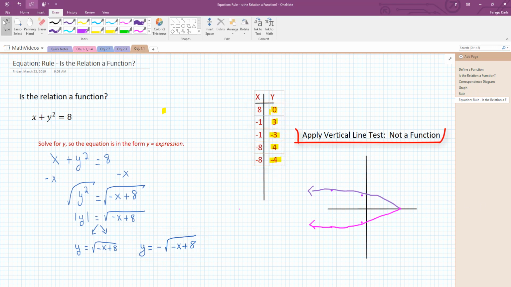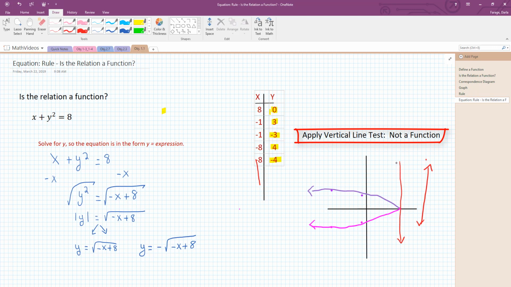At the end of the day, if we were to apply our vertical line test to see whether this graph is a function or not, we could draw a vertical line out here and we'd see that it passes the vertical line test, even if we intersect here.